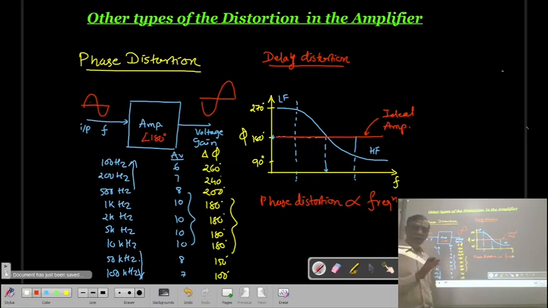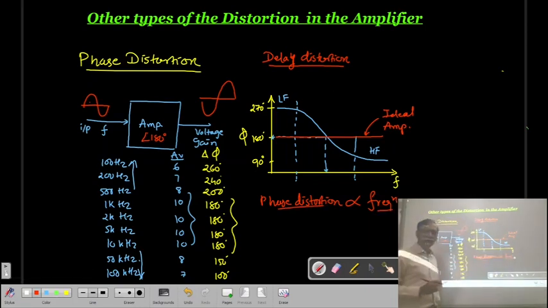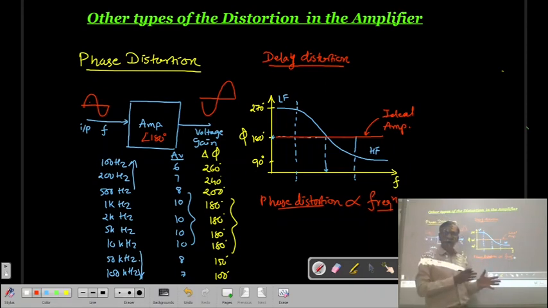In a video amplifier, if this distortion changes with the frequency, then whatever video signal is there, this video signal is a combination of many frequencies. So for some frequencies the delay will be high, for other frequencies the delay will be less, and due to this, your picture is going to be smeared.